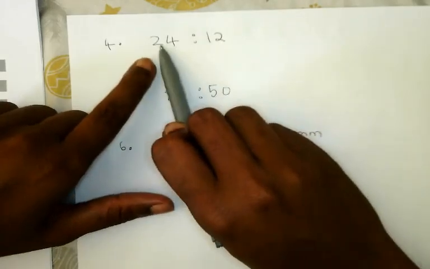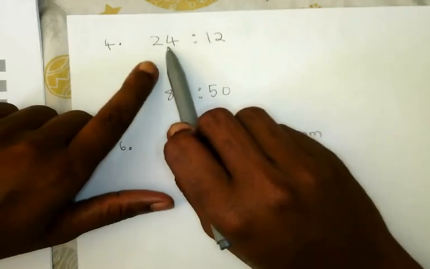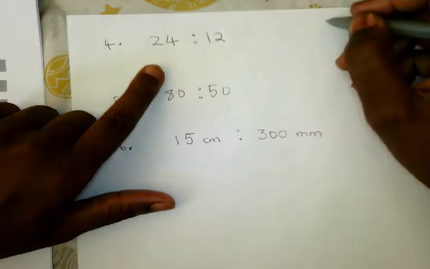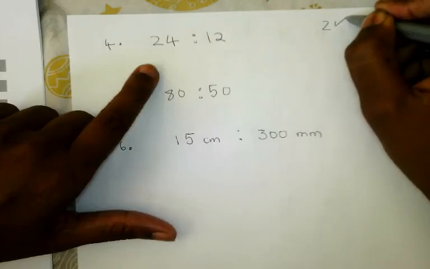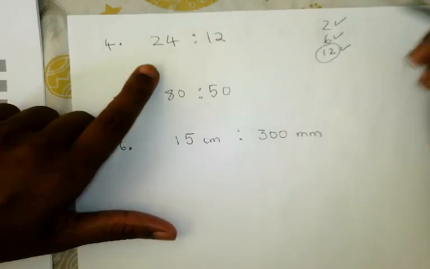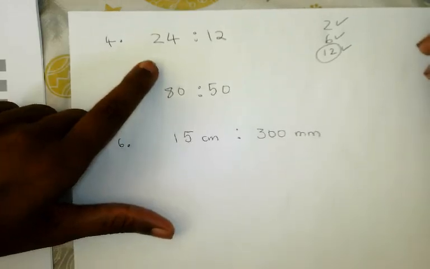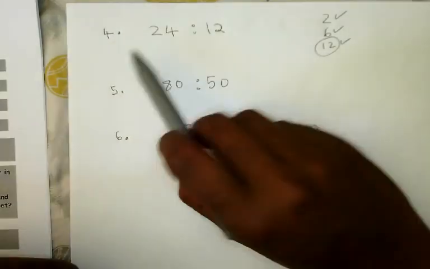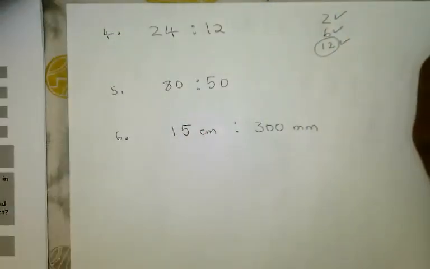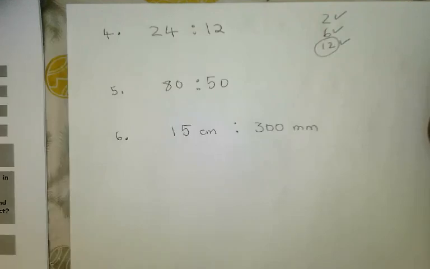We're going to look at a number that can go into 24 and 12 without a remainder. So 2 can go into, 6 can go into, but I can see that 12 can go into 24 and 12. So we have to take the highest common factor. Remember, we're always looking at the highest common factor so that we get it in its simplest form. Is it clear?